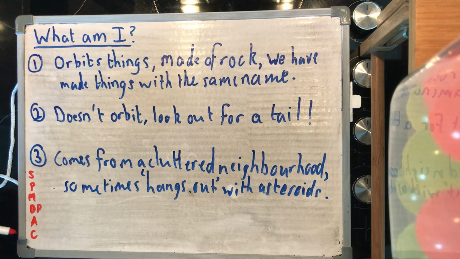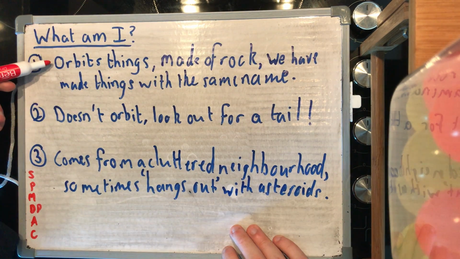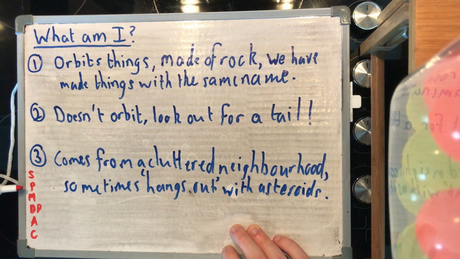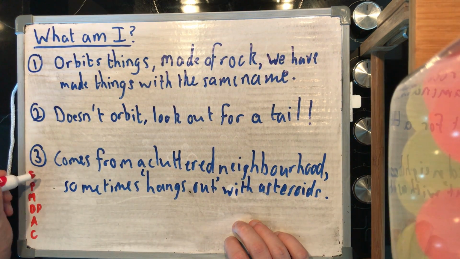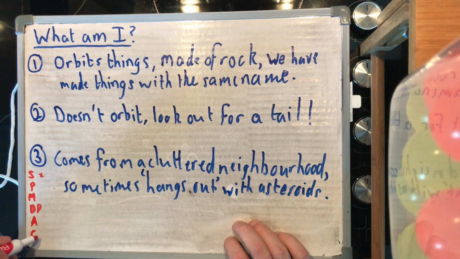They were the main components that we talked about earlier on. So let's try and eliminate each of these. So it orbits things. What orbits something? Okay, a planet does, a moon does, dwarf planets do, asteroids do, comets not so much. So we probably aren't talking about a sun, and we probably aren't talking about a comet.